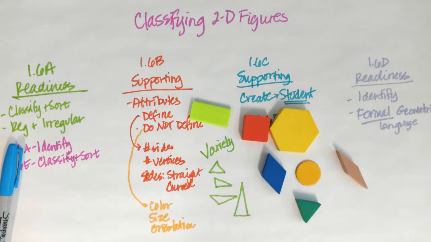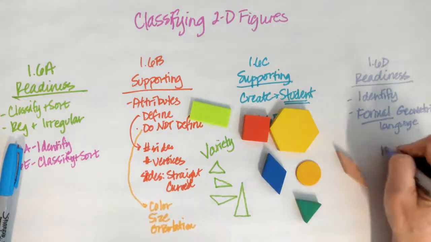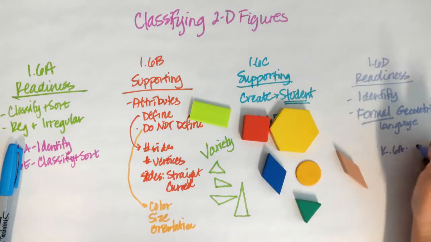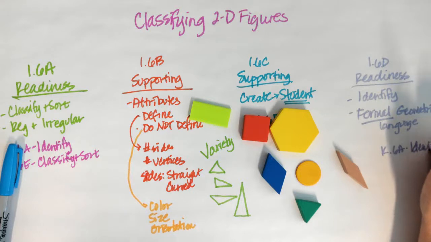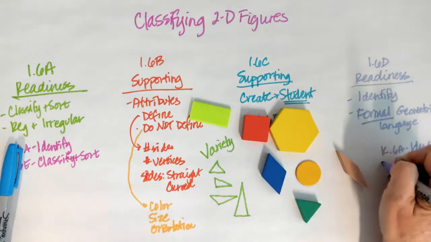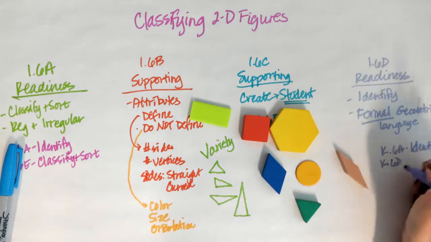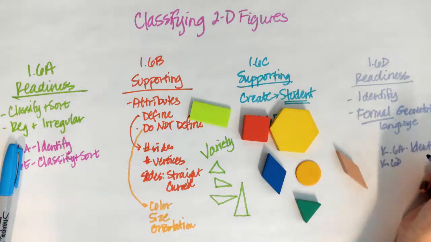For this particular standard, if you look back at K6A, this was their Identify TEK, and K6D is their identifying attributes of 2D shapes using informal and formal geometric language interchangeably.